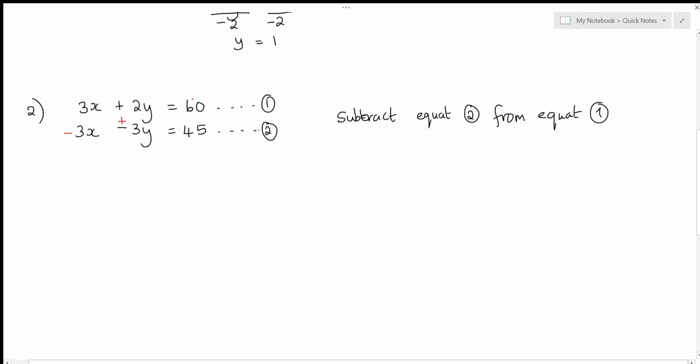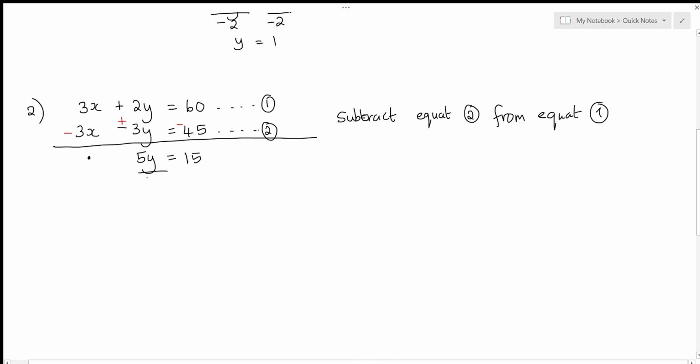And 60 minus 45. So here we have 3x minus 3x and 2y plus 3y, which would give me 5y, and 60 minus 45, which gives me 15.